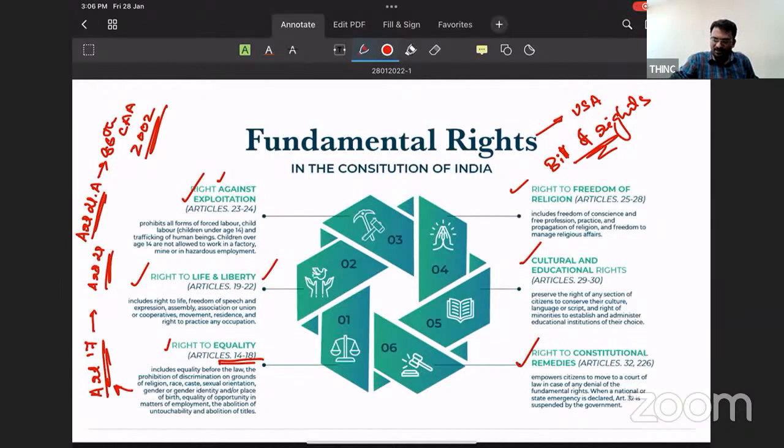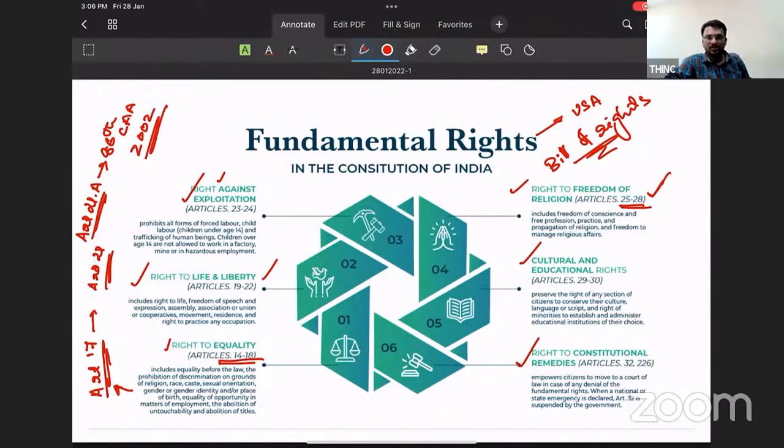Now, next comes the right to freedom of religion. Everyone has their own right to preach and profess their religion in India. Those things come under Article 25 to 28. It includes freedom of conscience and free profession, practice, and propagation of religion.